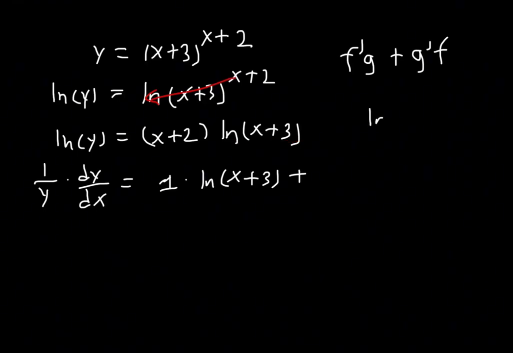The derivative of ln u, where u is a function, is simply u prime over u. That's the derivative of a natural log function. So u prime, the thing inside there: the derivative of x plus 3 is just 1. So 1 over (x plus 3), and then we multiply by (x plus 2).